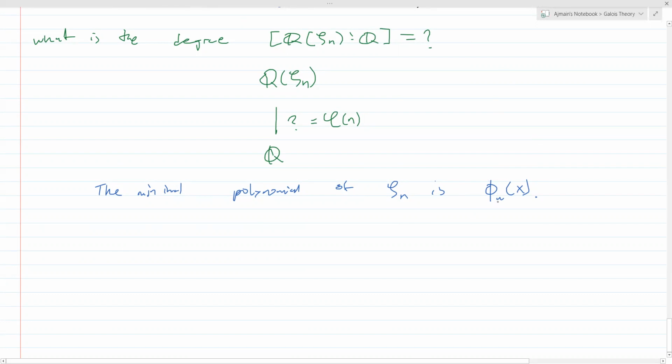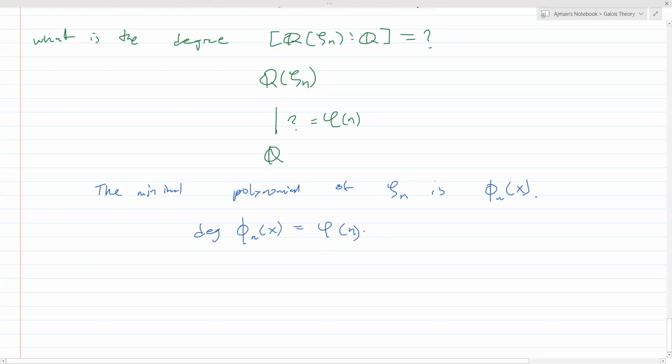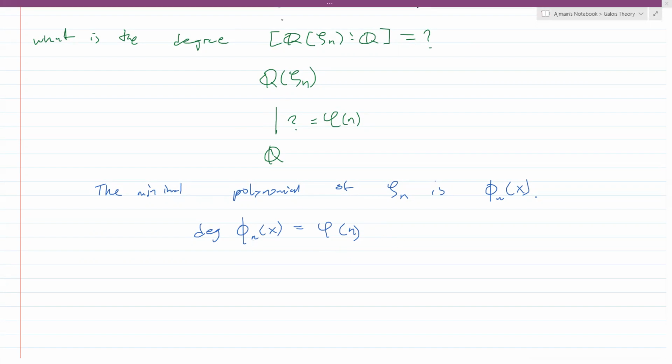So it's an irreducible polynomial with coefficients in Q, actually it has coefficients in Z, and it has zeta n as a root. So this is the minimal polynomial, and the degree of the minimal polynomial is phi of n, right? Is the number of integers less than n relatively prime to n. That shows that the degree of this extension is the degree of the minimal polynomial, which is phi of n.